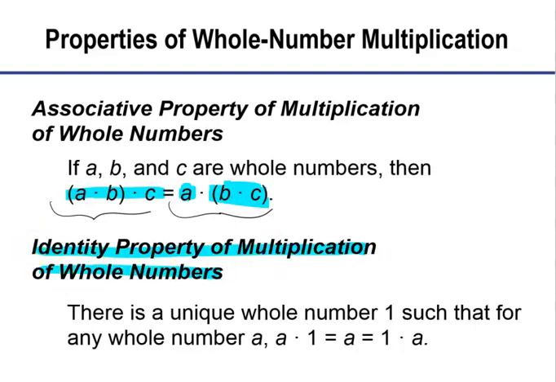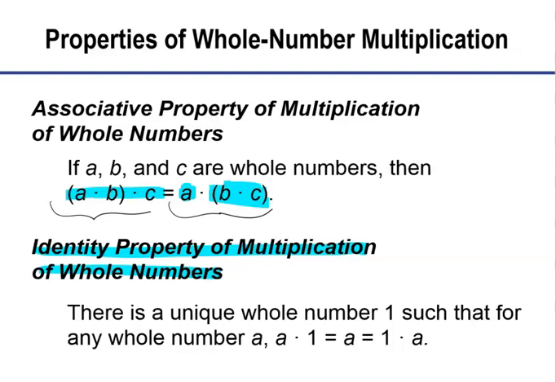And then we have the identity property of multiplication. Now, if you'll think back, subtraction doesn't have an identity property either because it doesn't have a commutative property. Identity means there's a number that you can do your operation with, and you get the same answer that you started with, okay? And you have to be able to do it commutatively.